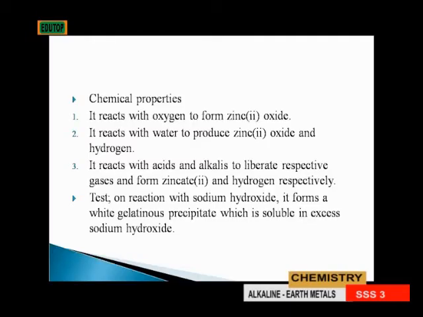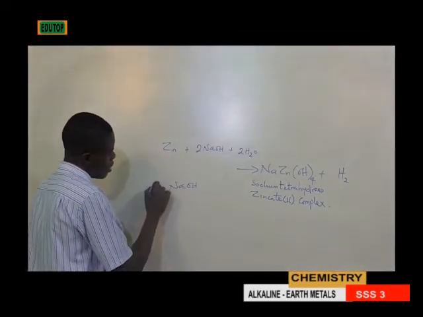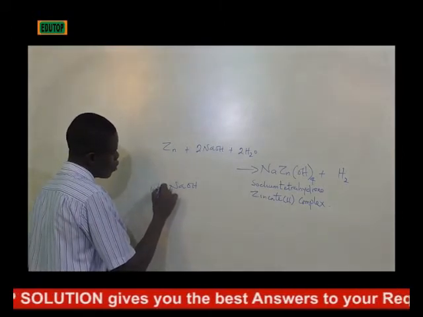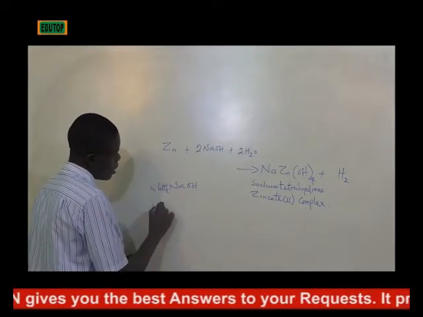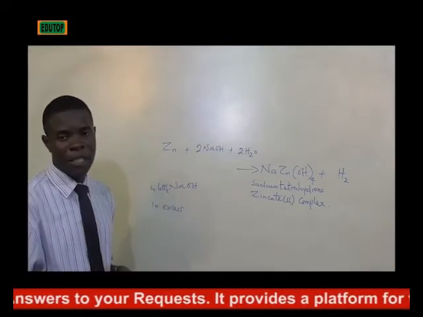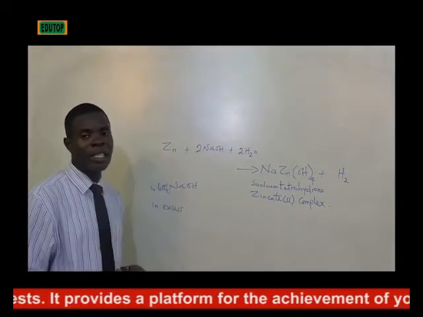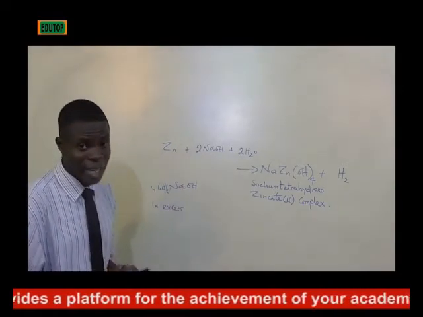Tests. How can the zinc 2 plus ion be tested for? On reaction with sodium hydroxide, in little amount, it forms a white precipitate which is soluble in excess sodium hydroxide.